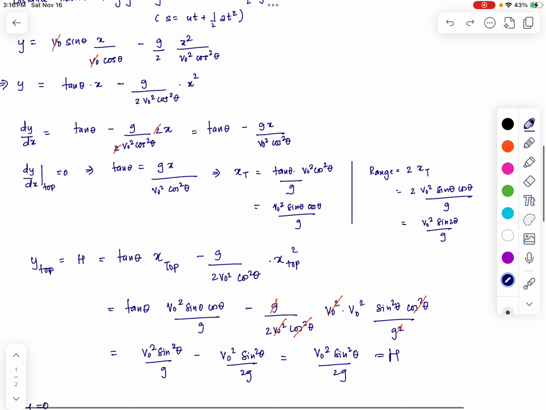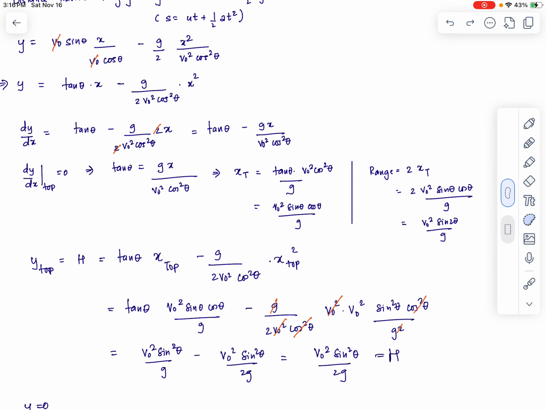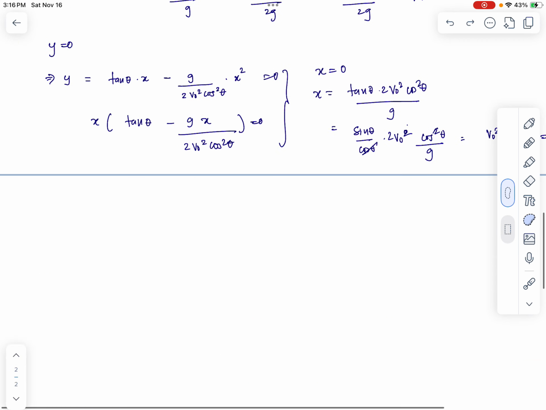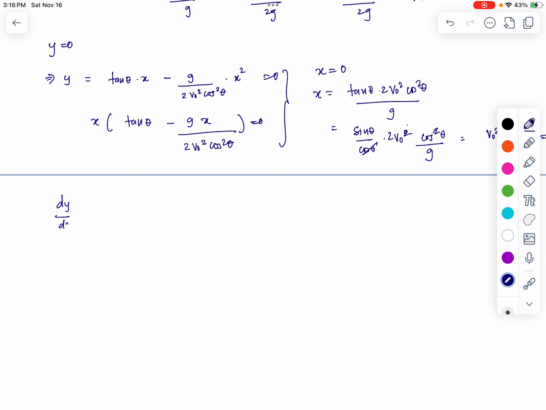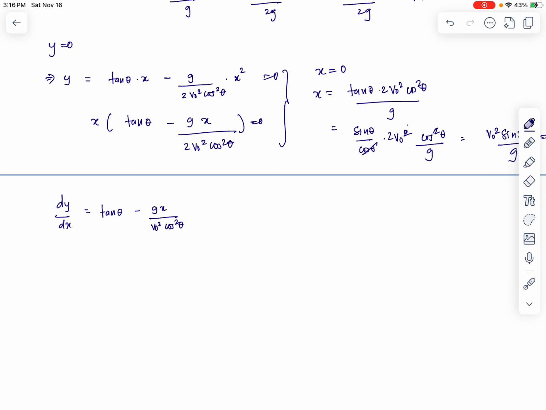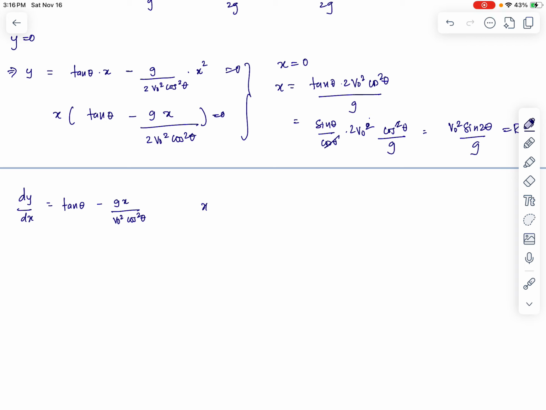Let me copy this thing over. So dy over dx equals, and we set here x equals v0 square sine 2 theta divided by g, which is 2v0 square sine theta cosine theta divided by g.